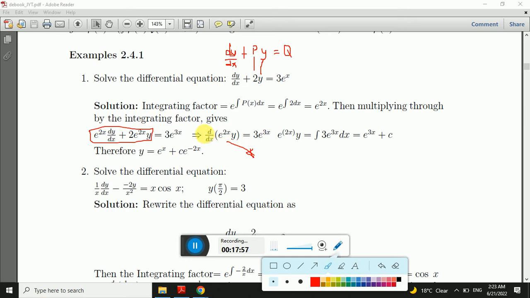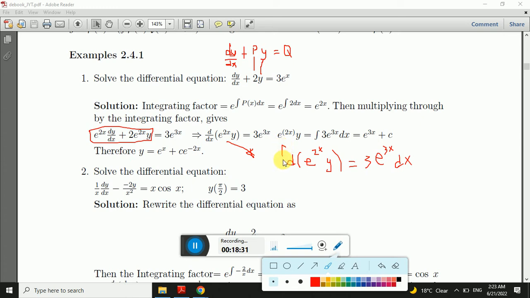At this point, multiply both sides by dx, even this side by dx. When you do that, you remain with d of e to power 2x y equaling 3e to power 3x dx.